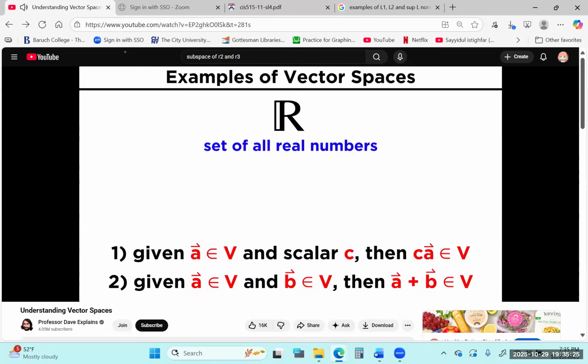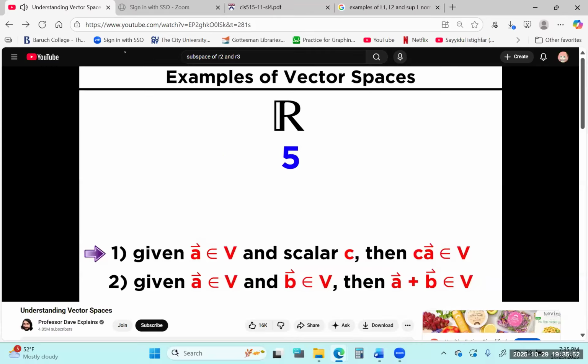At this point, it will be useful to introduce this R symbol, which represents the set of all real numbers, meaning positive, negative, rational, irrational, all the real numbers we talked about when we discussed the types of numbers in a previous tutorial. We can pick any element of this set, a real number, and multiply it by any scalar we want.